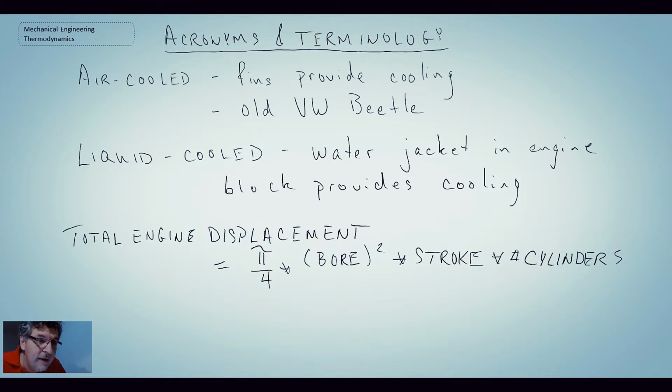You could have an inline 6, a V6, so they're in a V configuration. Inline would just be straight. 8-cylinder engine and 12-cylinder engines and other variabilities of that. But for the engine displacements, you've probably seen numbers like 5.0 liter, 2.2 liter, 4.0 liter. That's what they're referring to when you see those numbers.